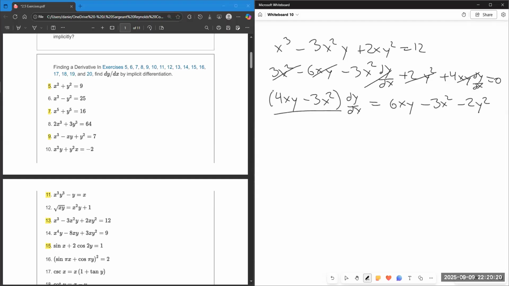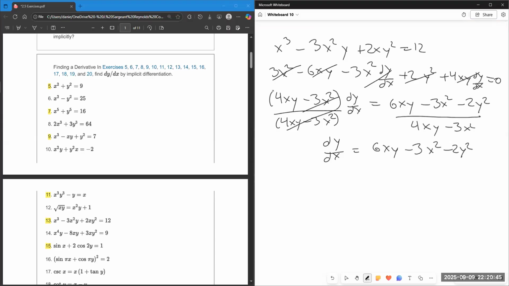Then we're going to divide both sides by 4xy minus 3x squared. dy dx equals 6xy minus 3x squared minus 2y squared over 4xy minus 3x squared.